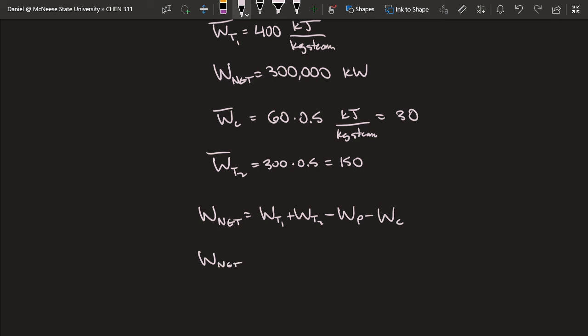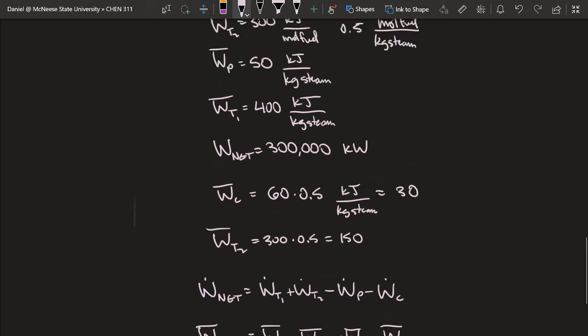And not only that, I can also say work net bar. Oh, these are all dots. Work net bar is equal to work of turbine 1 plus work of turbine 2 minus work of the pump and compressor. Okay, and so now I can add up everything. What did I say those numbers were?